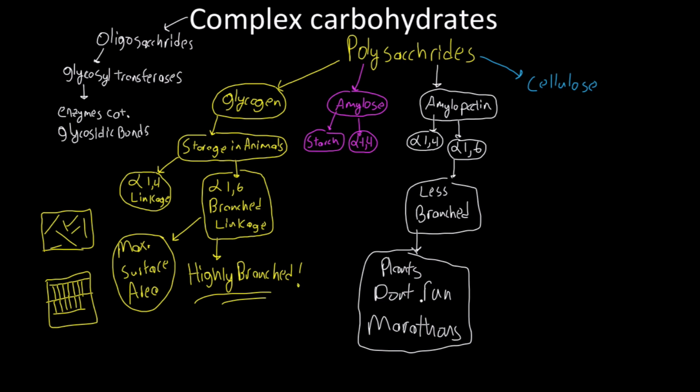Anyways, for cellulose, let's just talk about this. Whereas all these guys were alpha glucose polymers, cellulose, on the other hand, is not. Cellulose is beta 1,4 chains linking it together. Cellulose is not branched, but these beta structures can have hydrogen bonding between the fibers, as I like to call them.